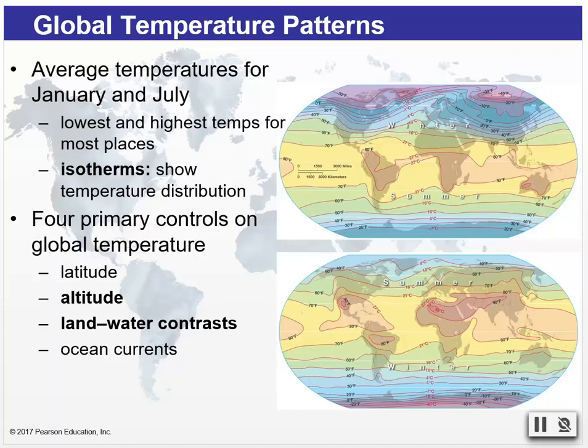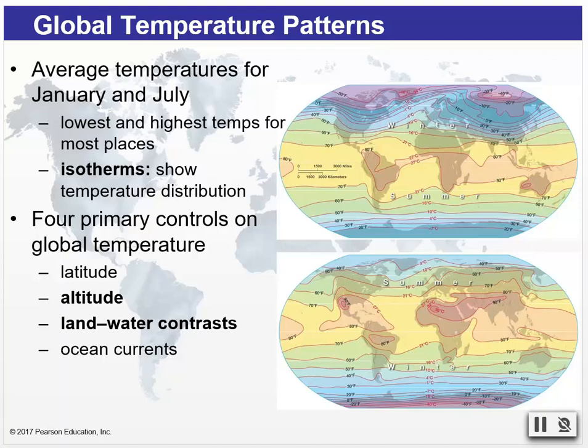You can see the two graphs here show what the winter temperatures and the summer temperatures are depending on when it's winter in the northern hemisphere versus winter in the southern hemisphere. And using those isotherms, again, a specific type of isoline we talked about previously that looks at temperature changes, you can see the distribution of temperatures across the globe and how those change depending on what season each hemisphere is facing.